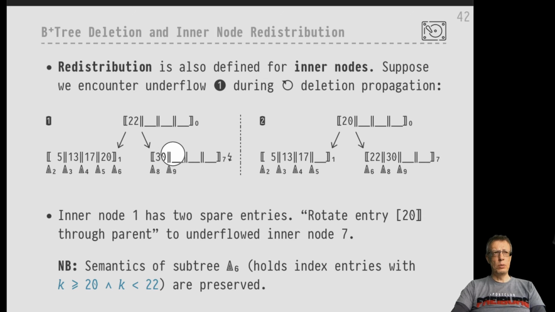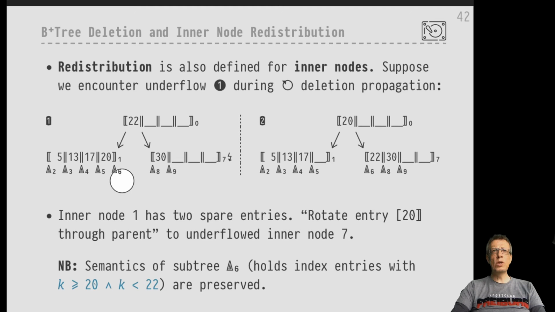This is already below minimum occupancy rule. This is not acceptable there because this is an inner node that's not a root node. Inner nodes should be filled with at least order, so 2 in this particular case, entries. So what we could try now is redistribution, because there's a sibling inner node here that has some entries to spare. At least it even has 2 entries to spare.